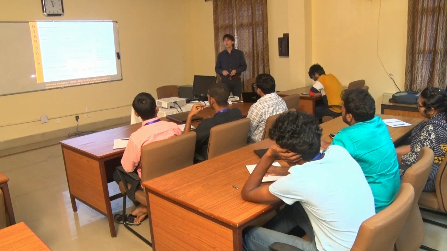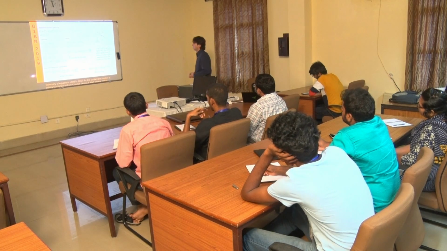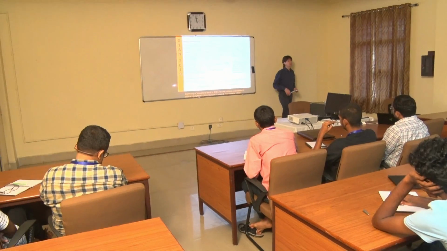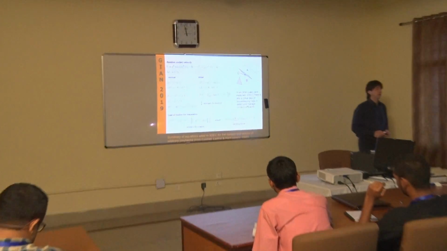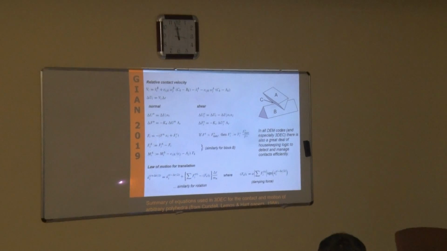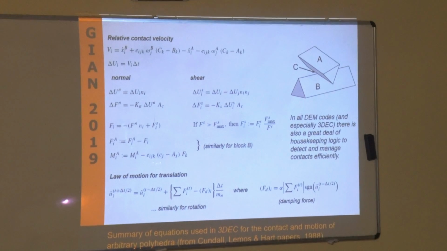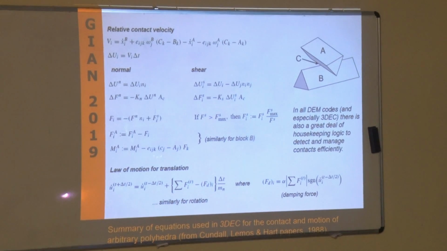And that's really one of the issues that made the discrete elements, despite being the first solution that was proposed, not become the preferred one instead of the finite element or the finite differences.